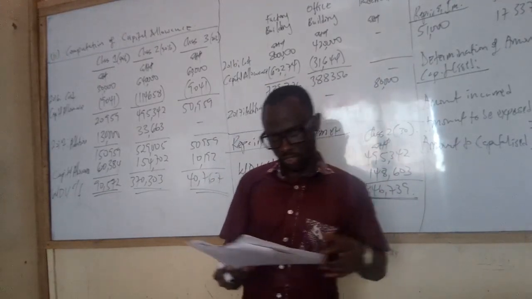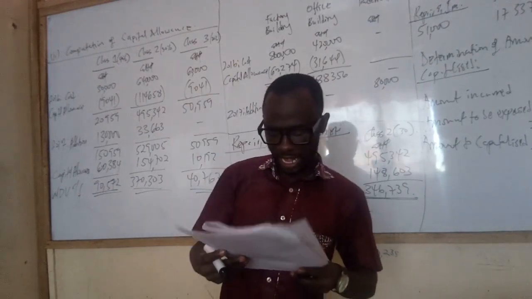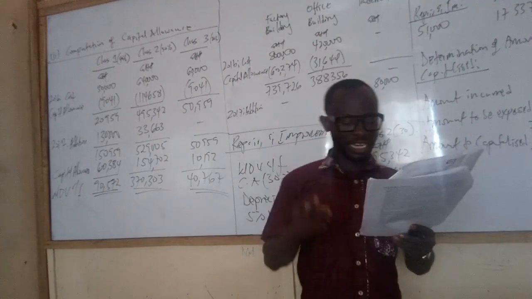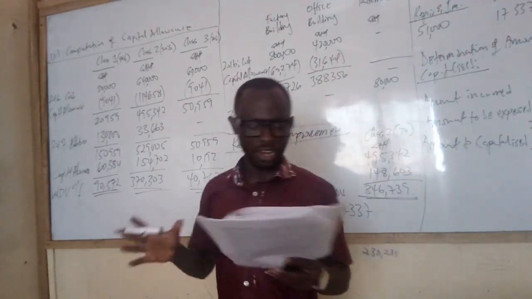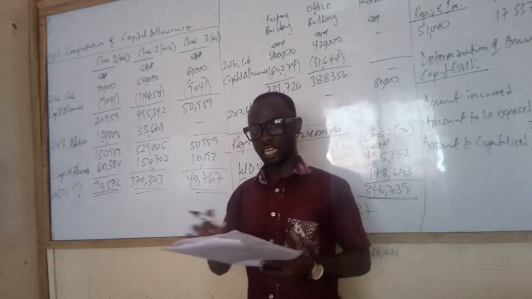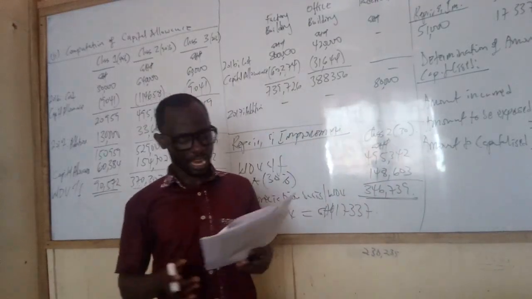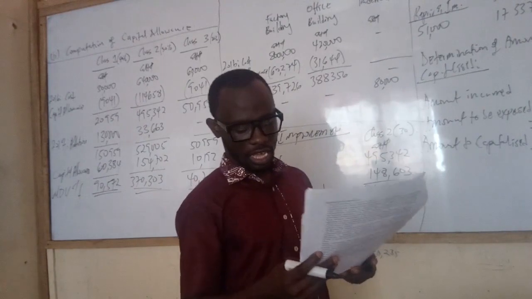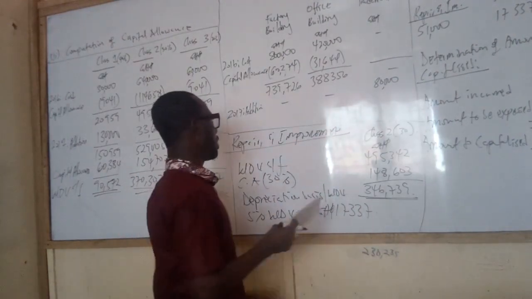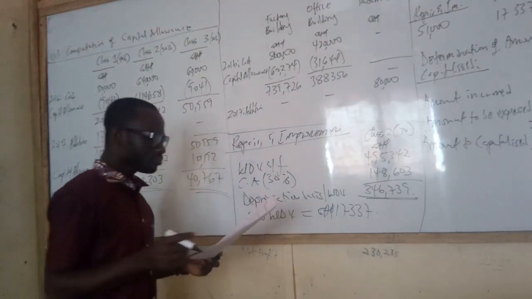When we go back to the question, you realize that we were told the company paid 75,000 for the trademark, but the legal cost incurred to complete the registration of the trademark was 75,000. So I mentioned that those two figures will be added together to give us 80,000 as intangible assets, trademark, to be treated for capital allowance purposes.